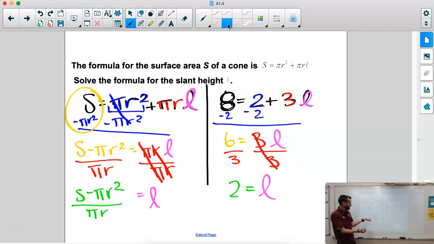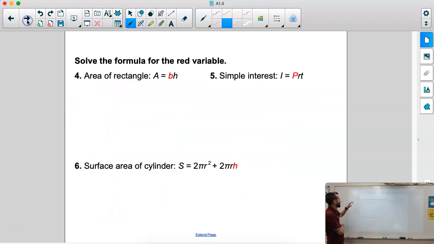And it's actually easier because I don't have to do 8 minus 2, not that that's hard, and I don't have to think of what 8 minus 2 is. And I don't have to do 6 divided by 3 and figure out what that is. I'm just like, s minus pi r squared is s minus pi r squared. And you just write it. It's a little ugly, it's a little weird, but you can break things down that way.